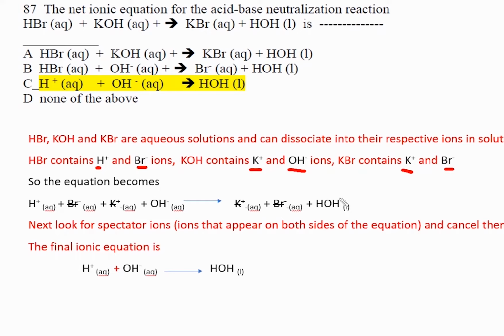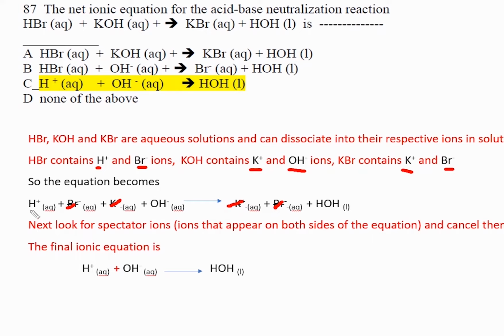Then, after writing this equation, you're going to look on both sides of the equation to see which ions are common in both sides. The first one is bromide. There's also a bromide on this side. Potassium, there's another potassium on this side. So these ions are going to cancel out.